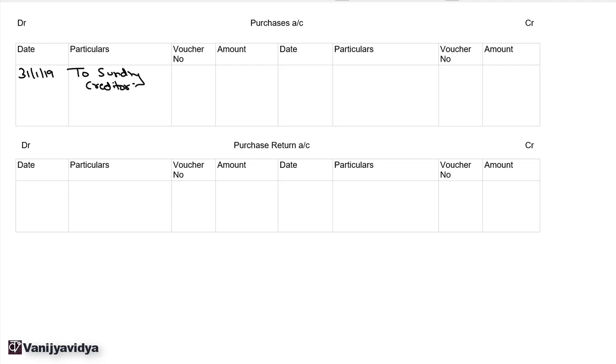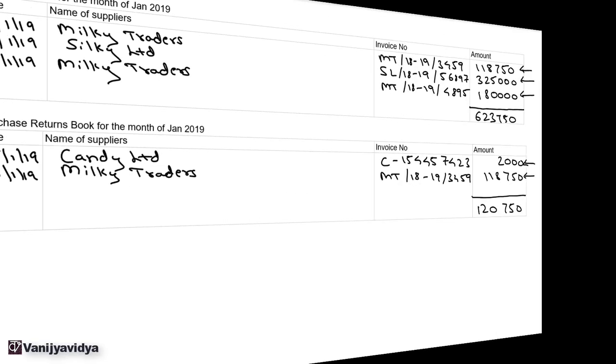Sundry creditors means various miscellaneous creditors, and details are as per purchase journal or purchase book. Then voucher number, let's give the voucher number as JV1 and the total amount 6,23,750.